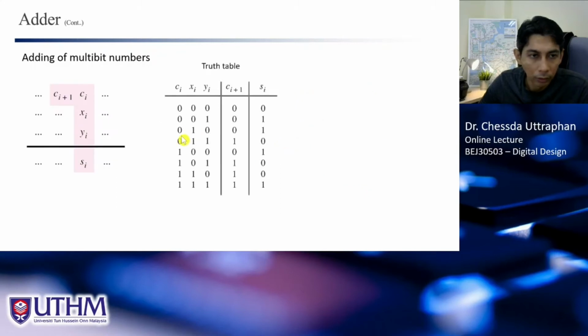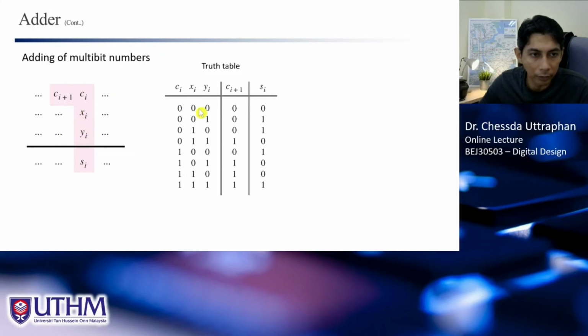So for that, we can create a truth table for this part, right? So for example, we have c equal to 0, 0 0 0 0 0 0. We can have c plus 1 equal to 0, and s0 equal to 0, Si here equal to 0, and this is for this. And for this one also the same, right?